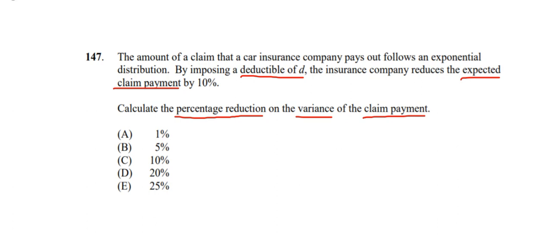We know the expected payment is reduced by 10%. Then we want to find the percentage reduced on variance.